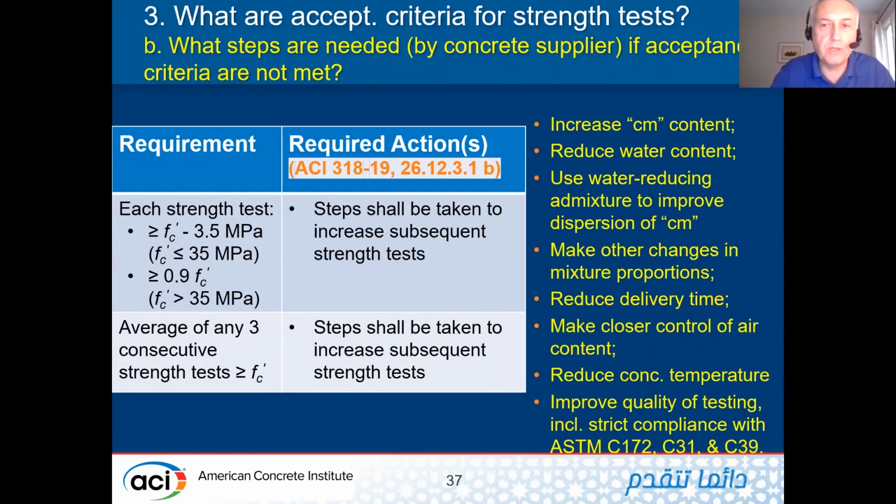Looking at closer control of air content, which probably is not a big deal in the Middle East, but even entrapped air can contribute to reduced strength. So maybe that can help, especially with the specimen preparation, which is the last point, having strict compliance with C172, C31, but also reducing concrete temperature during specimen curing will definitely help with increasing the strength at the test age.